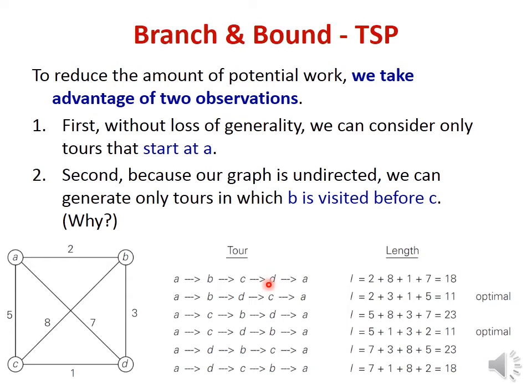So the first one, second one, and fifth one are valid. Only the redundant reverse paths are avoided. So 6 paths get reduced to 3 paths. We are using the advantage of undirected graphs.